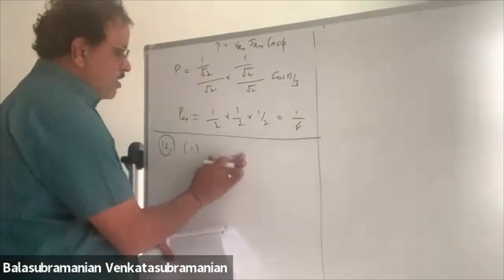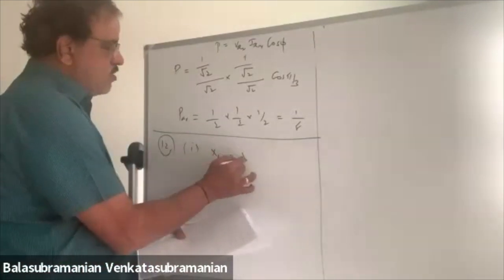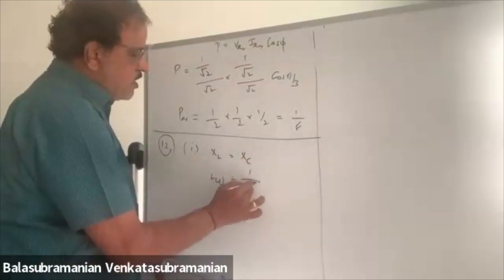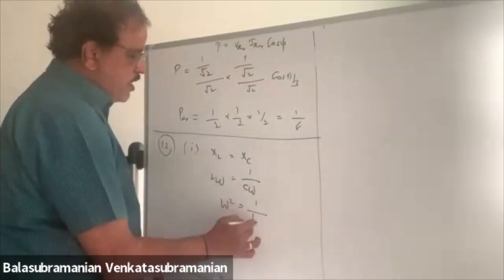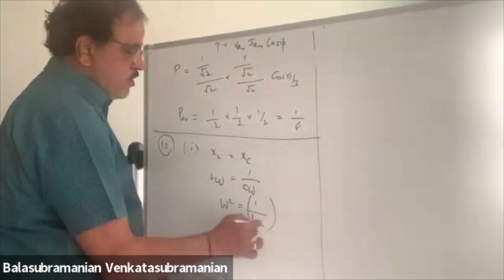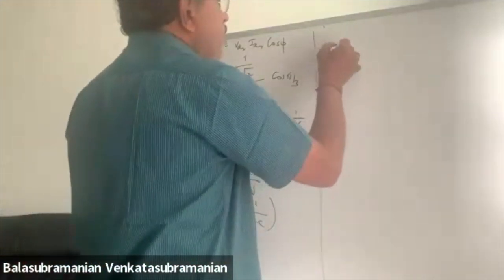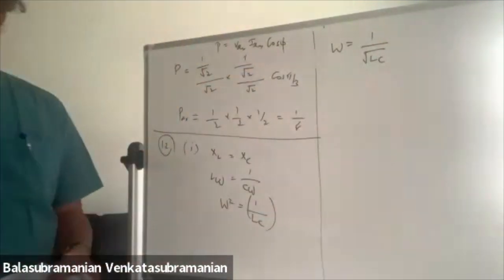We'll calculate XL and XC first. So XL is equal to XC, that is the condition given. L omega is 1 by C omega. Omega square is 1 by LC. Omega is equal to 1 by root of LC. This we know already.